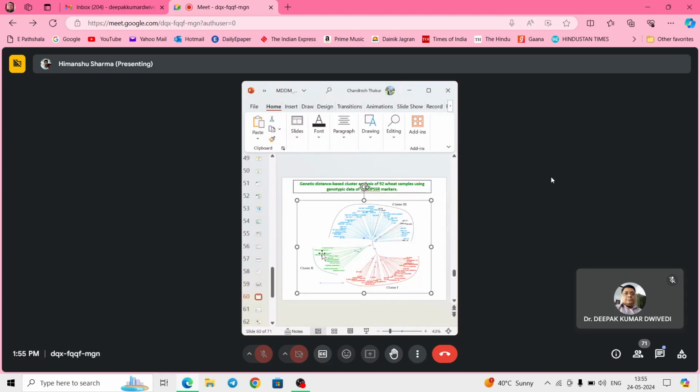The beauty of the marker is that these are all different allied species of wheat, and these two clusters represent the Indian wheat varieties. A good marker will differentiate the species, and it will differentiate the clusters of individuals present in your germplasm.